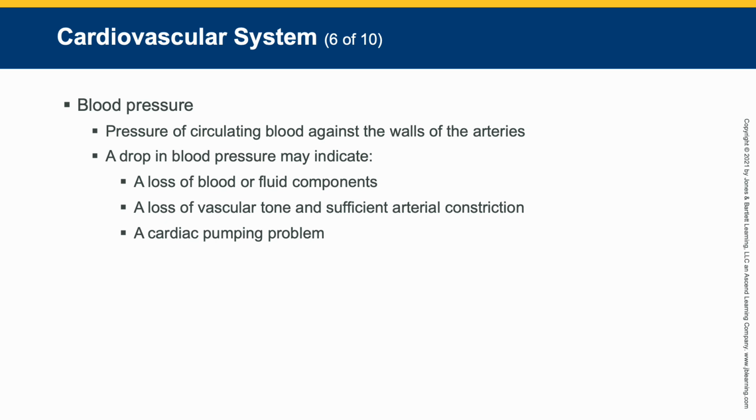On the other hand, high blood pressure may suggest stress, pain, or an underlying condition like hypertension. But it's always important to remember that blood pressure is a late sign in trauma and shock. By the time it drops, the body has already lost a significant amount of compensatory ability. That's why you must always rely on other early signs like skin condition, mental status, and the pulse to detect shock before the blood pressure bottoms out.